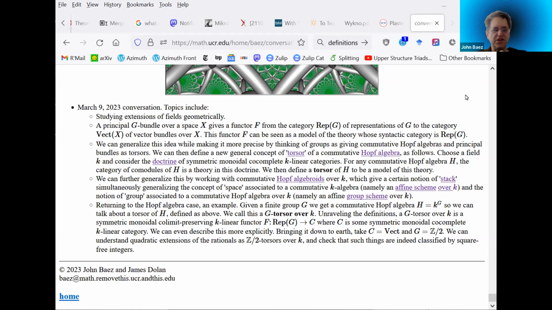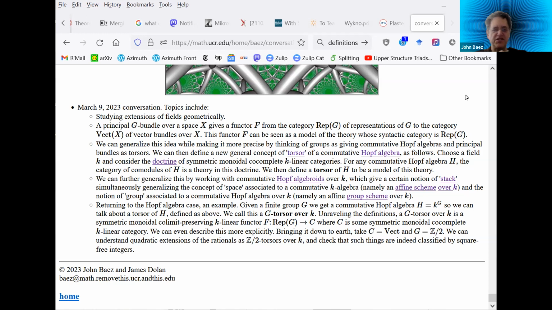We're going to work over a field. And then the kind of category that I was alluding to will be symmetric monoidal co-complete K-linear categories. A kind of category is called a doctrine. And this particular doctrine is symmetric monoidal co-complete K-linear categories.